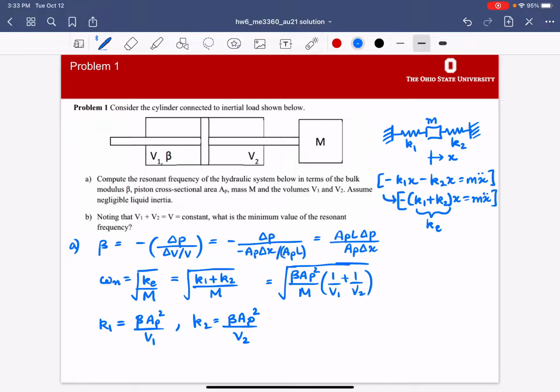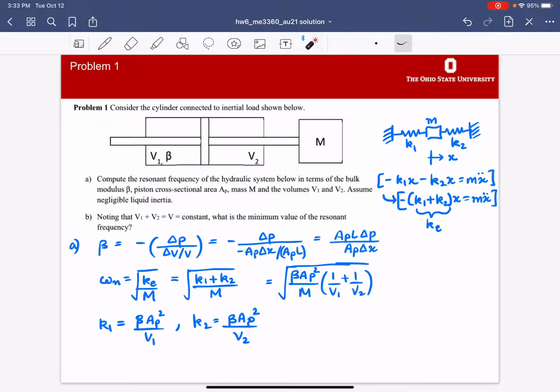Now this here obviously is the natural frequency, and what they're asking us is the resonant frequency. We can see that in this particular case, our resonant frequency is equal to the natural frequency, because the entire formula was something like this, where our damping factor is being multiplied.